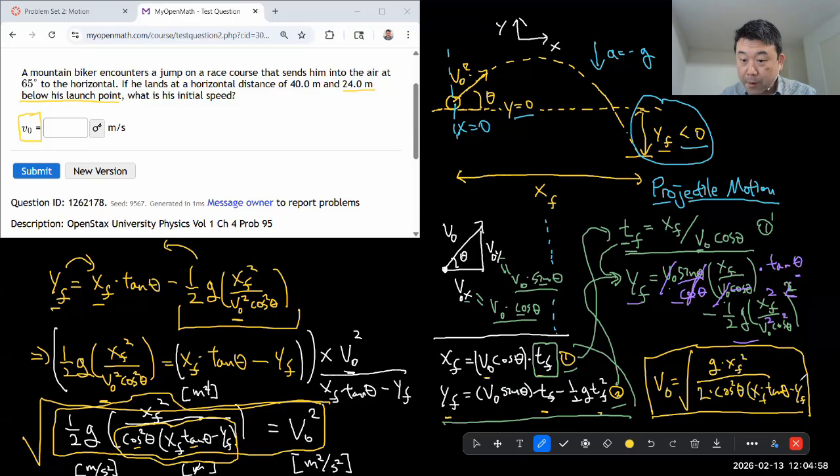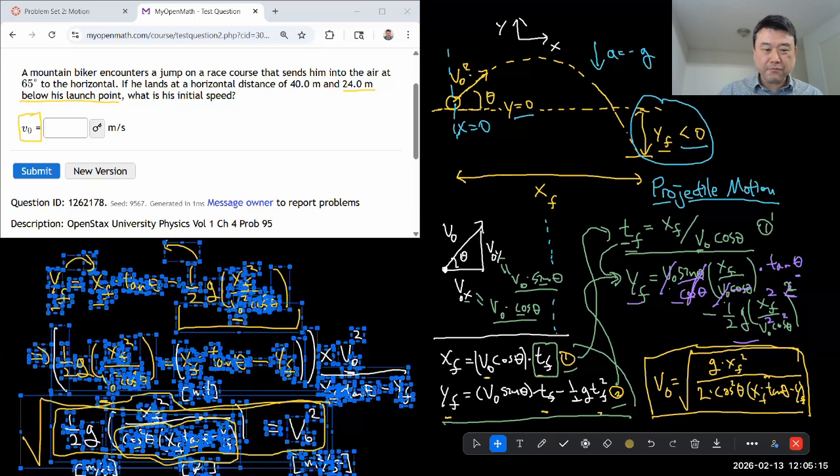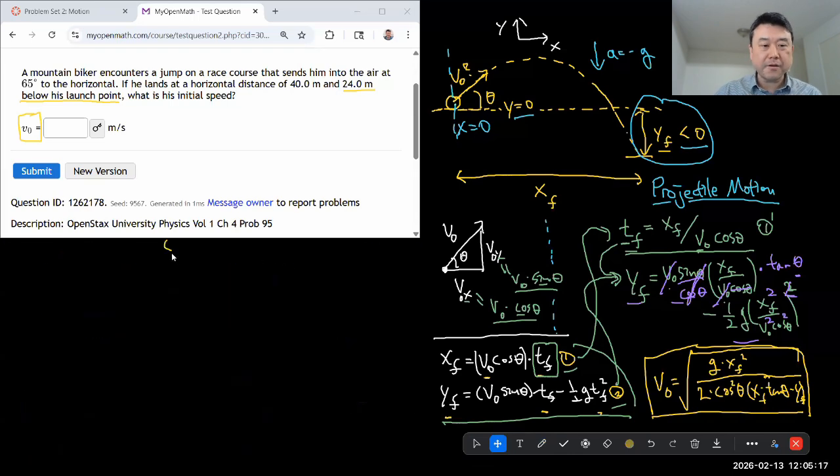And I'm going to remember my y final is negative, so that minus y final is actually a positive number. So that's it. Again, as I said at the beginning, this is a more complicated projectile motion question because of the change of height. So my final expression will just look a little bit more complicated. There's no real way around it.